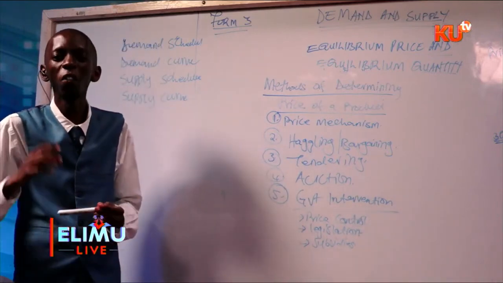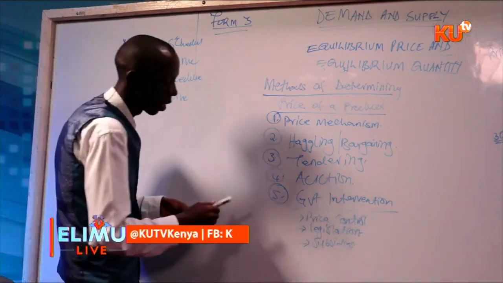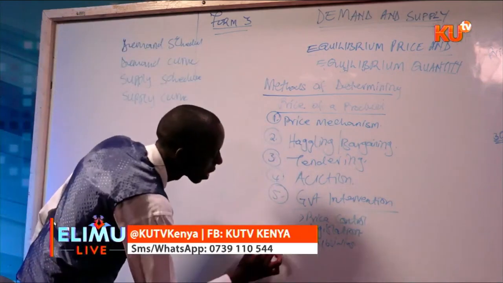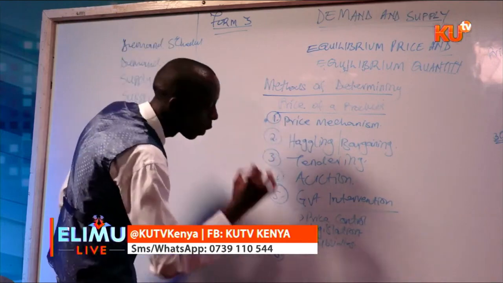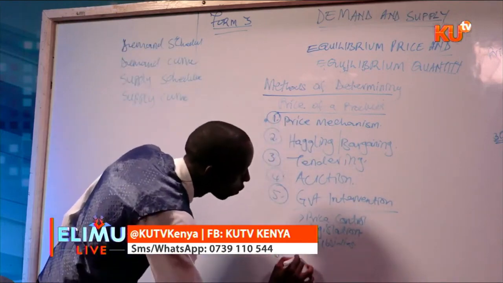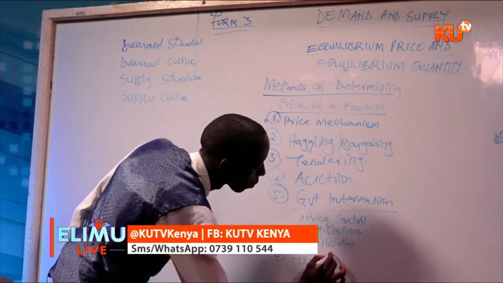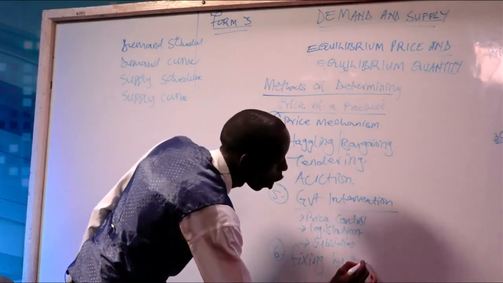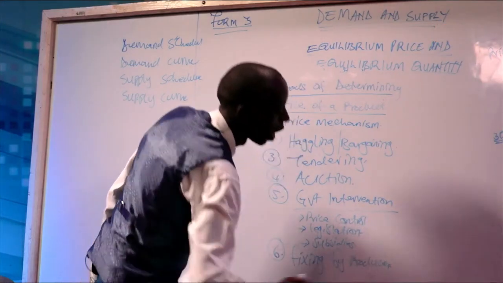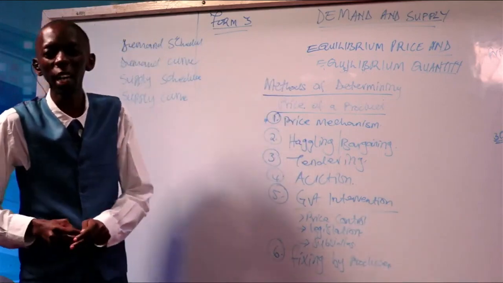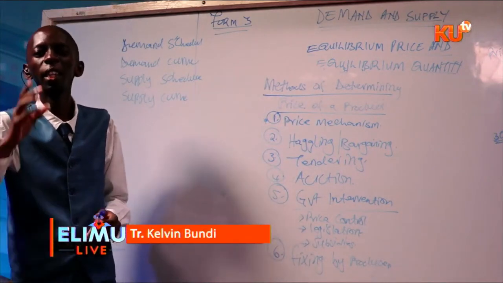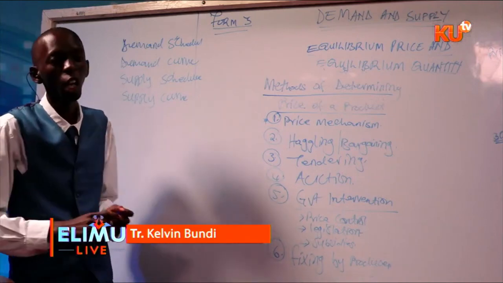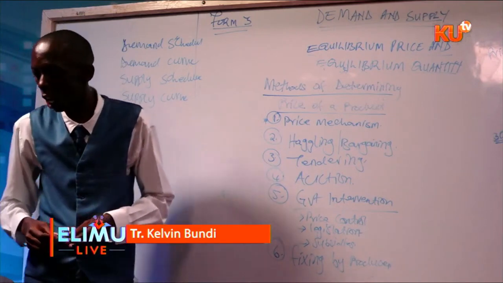You will earn fixing by the producer. If you are asked 6 other factors apart from the price mechanism method, you will earn what we call fixing by the producer. And you will explain and say the producer can set a price of a product and say that that is the price at which our products are going to sell.